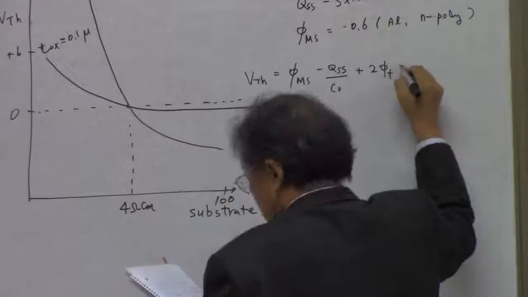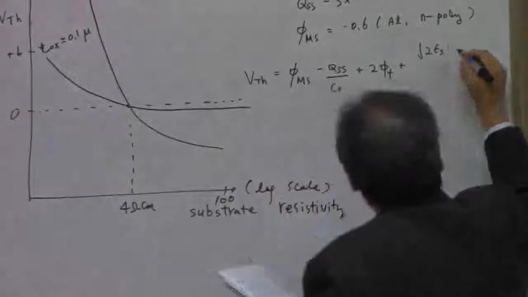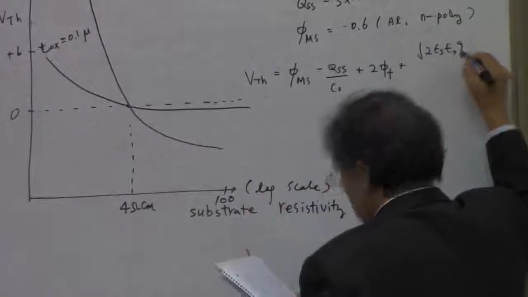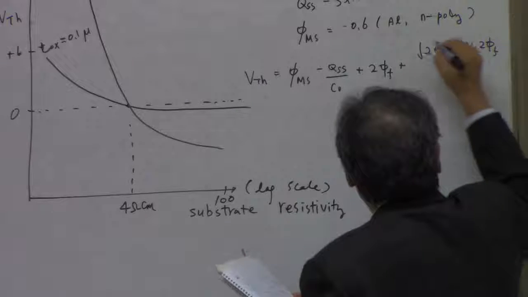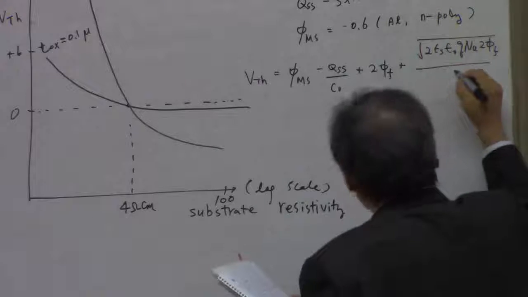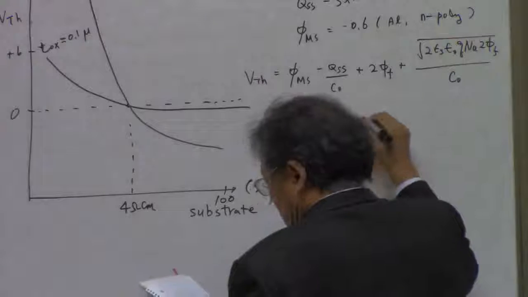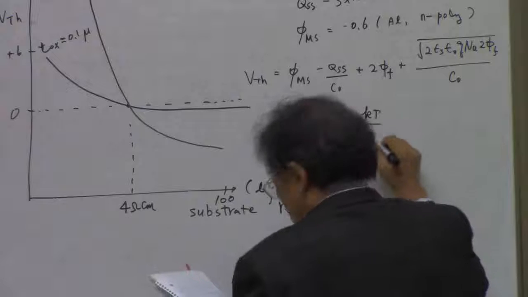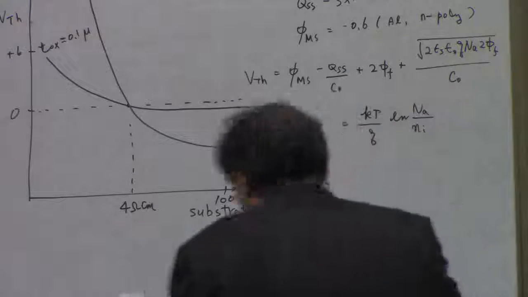Phi f plus Q Na 2 phi f over C naught, okay, where the QF is Na over Ni, okay.